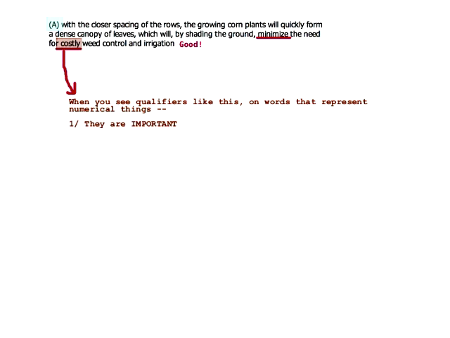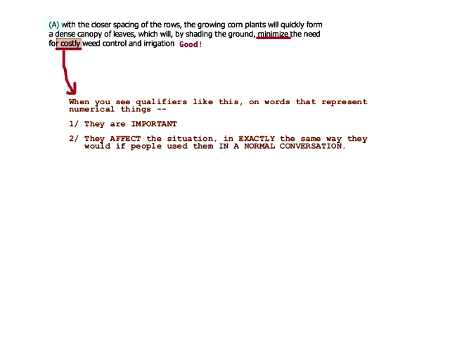The second thing is they affect the situation in exactly the same way they would if people used them in a normal conversation. For example, imagine you were talking with a corn farmer about this exact topic of profit per acre, and the farmer said, well, weed control and living and irrigation cost a lot.